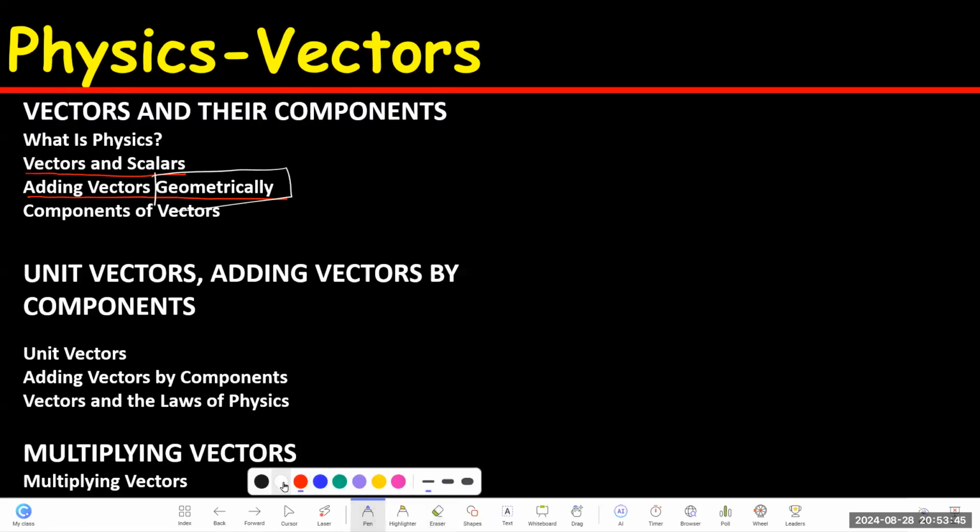To give you an example so you understand it better, vector A is like this, and vector B is like this. If I'm asking you to add those two vectors, A and B, you draw A, you draw B, and you draw the vector as C.